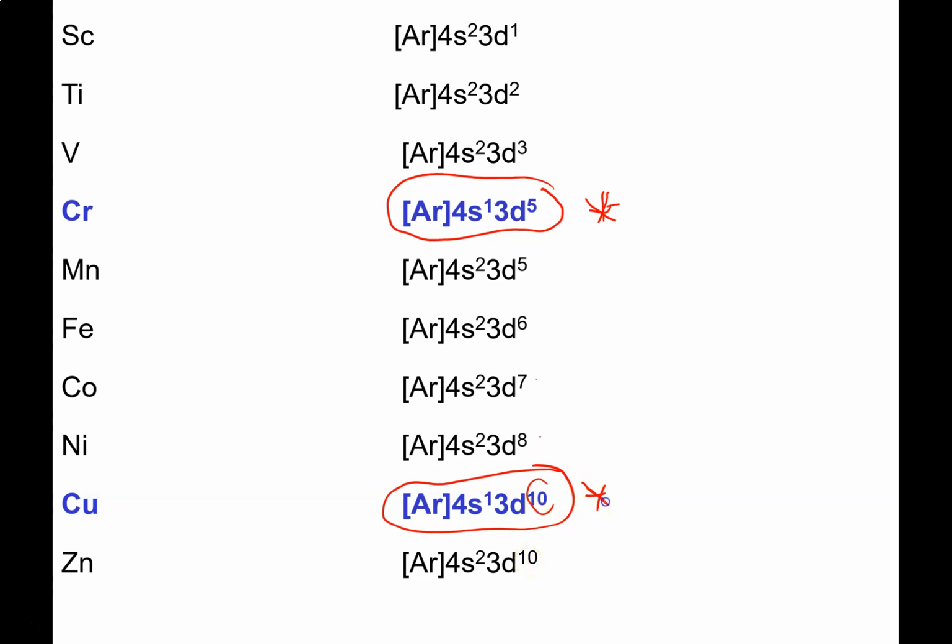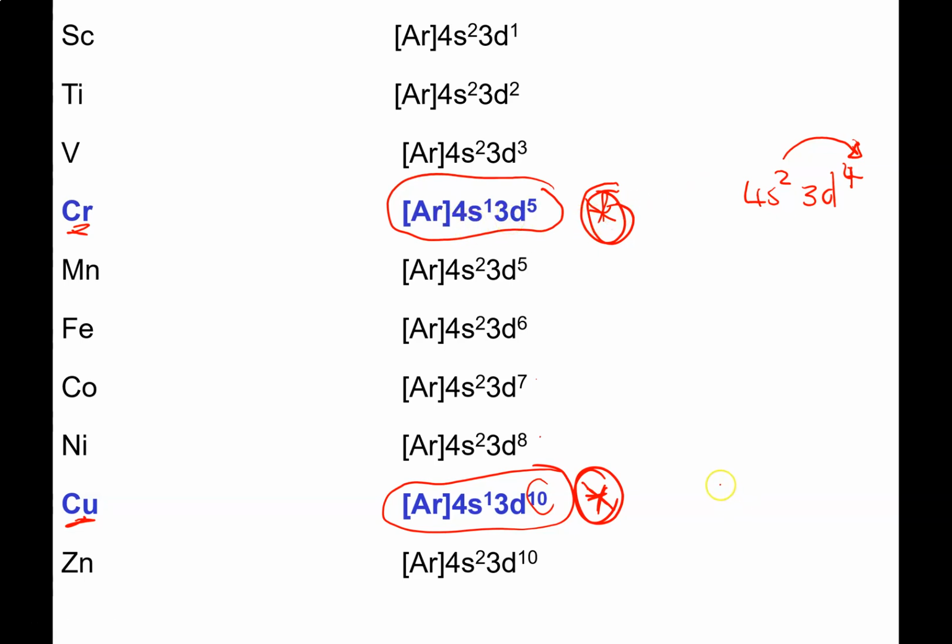So what we see is there are 2 exceptions, for chromium and for copper, and you do need to memorize these. And what's happened here, instead of it being 4s2 3d4, an electron has been borrowed from the 4s subshell and put into the 3d to give us the configuration 4s1 3d5.